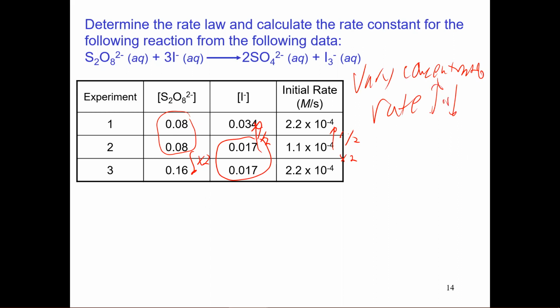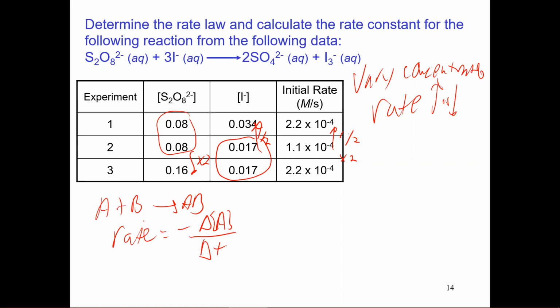And in this case, the way to determine the rate law, and again, the rate has to do with, if you have A plus B goes to AB, the rate is equal to the negative change in A concentration divided by the change in time.